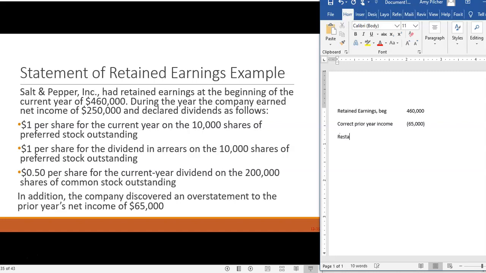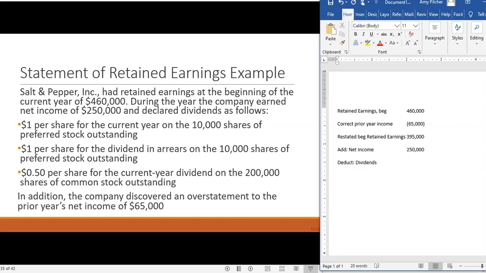That gives us our restated beginning retained earnings of $395,000. Then we add our net income, $250,000. The next thing that we're going to do is deduct dividends.